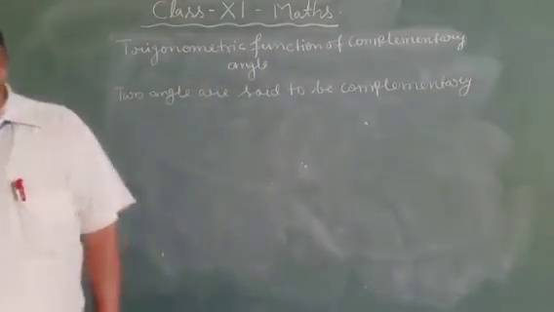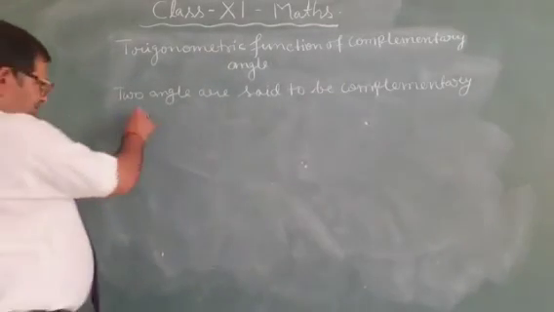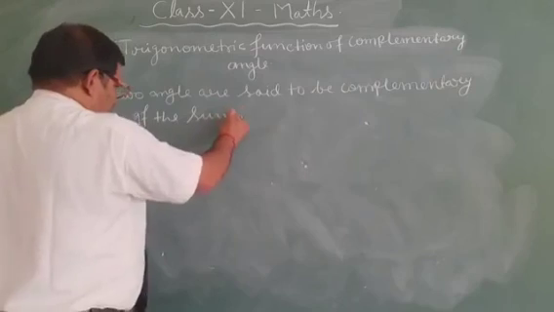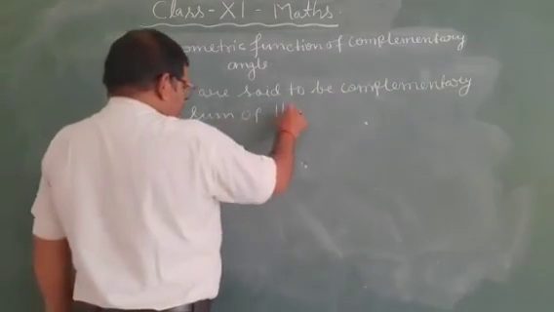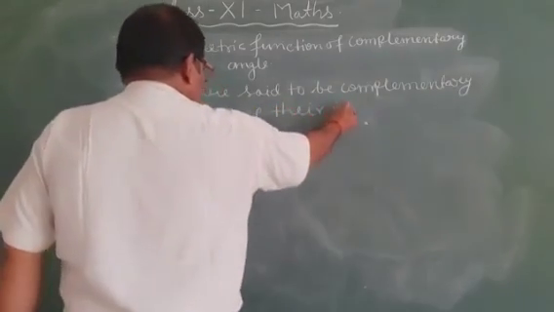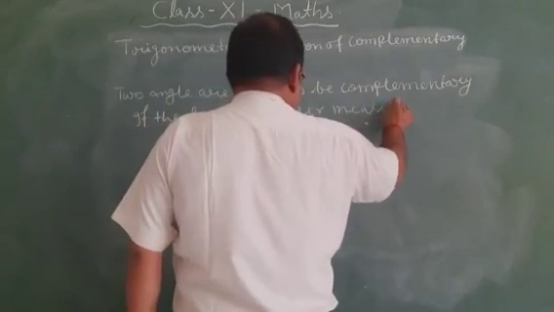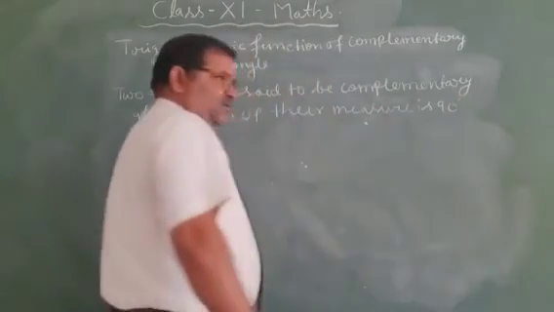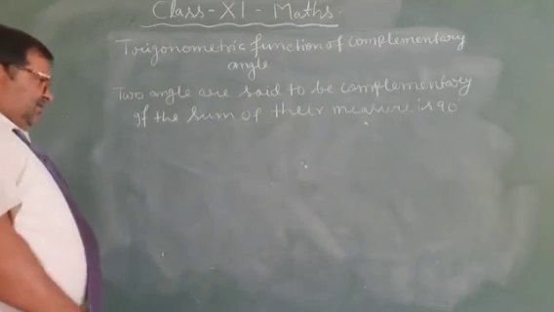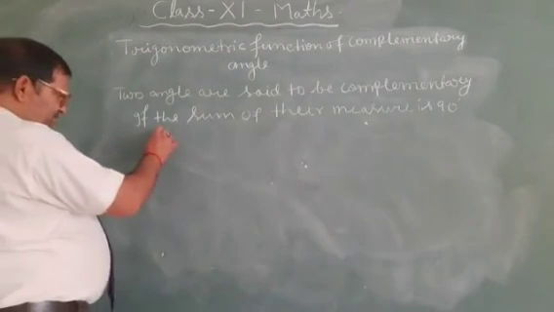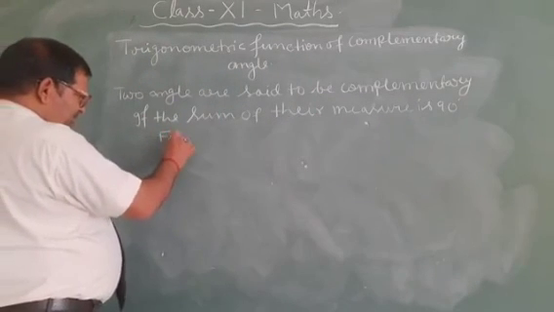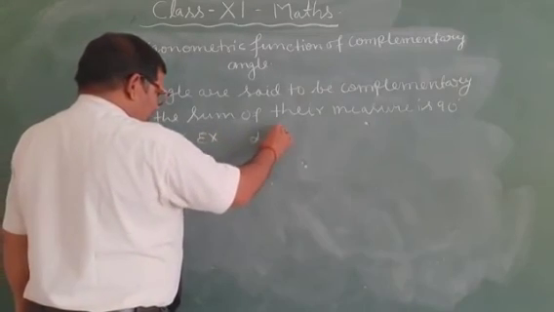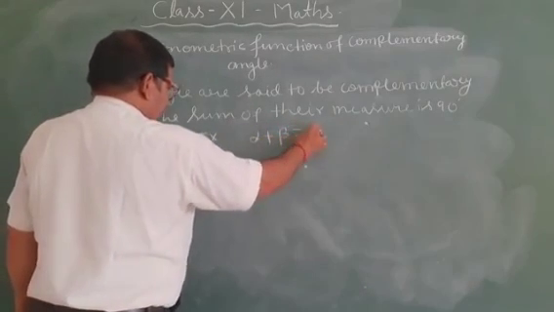if the sum of their measure is 90. For example, alpha plus beta equal to 90.